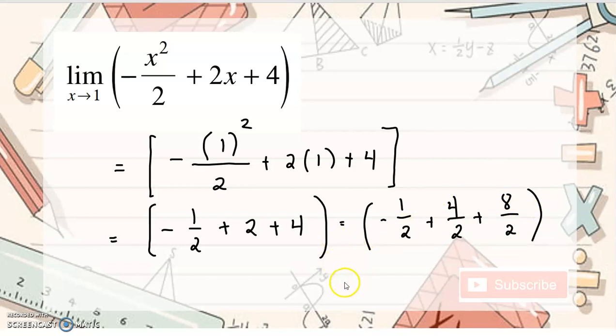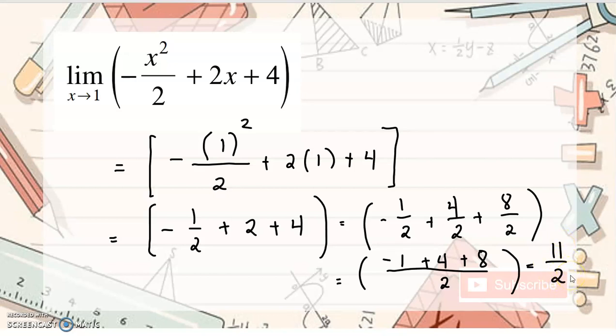So let's simplify. So this would be negative 1 plus 4 plus 8 over 2, since you already have the same denominators here. So negative 1 plus 4, that is positive 3. Positive 3 plus 8, that is 11. So meaning this would be equal to 11 over 2.